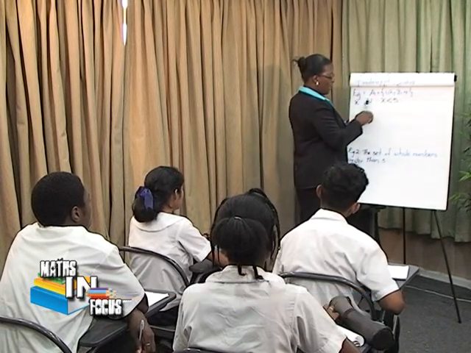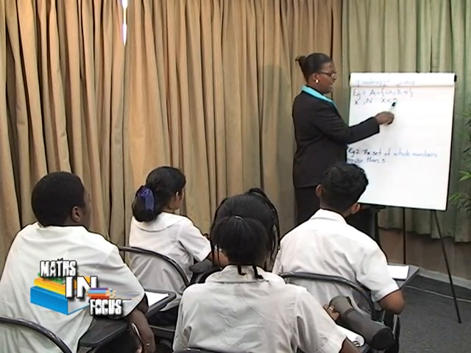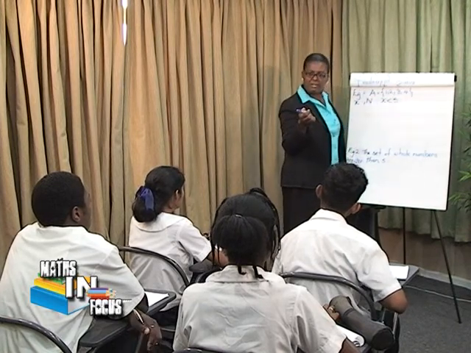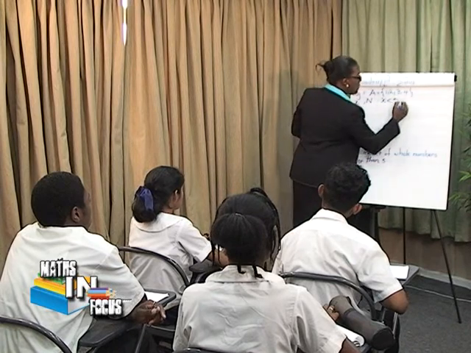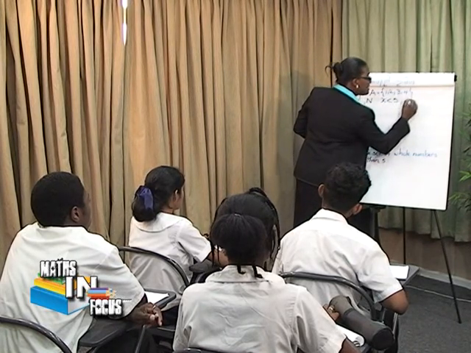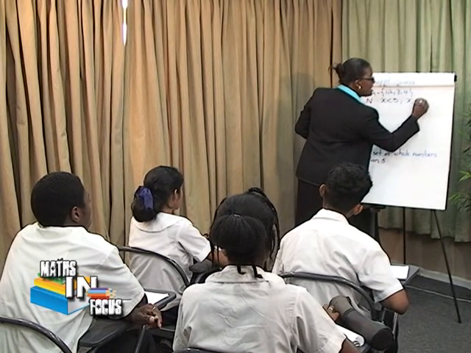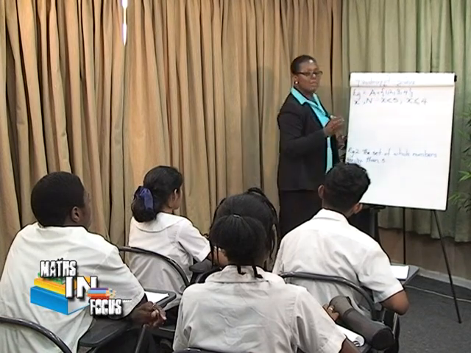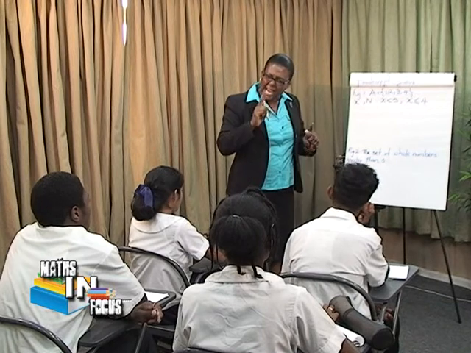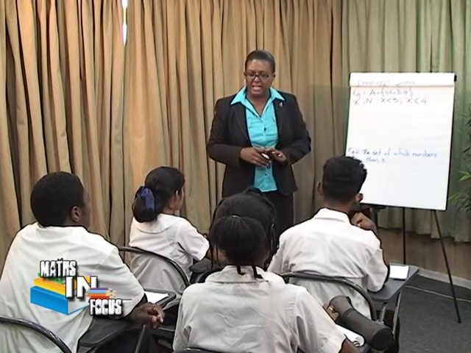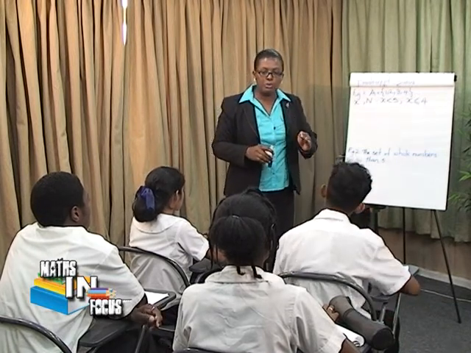And if x is a natural number and it's lesser than 5, it starts at 4 and ends at 1. Or we can have x is lesser than or equal to 4. So if x is a natural number and it's lesser than or equal to 4, then it has to be 4, 3, 2, 1.